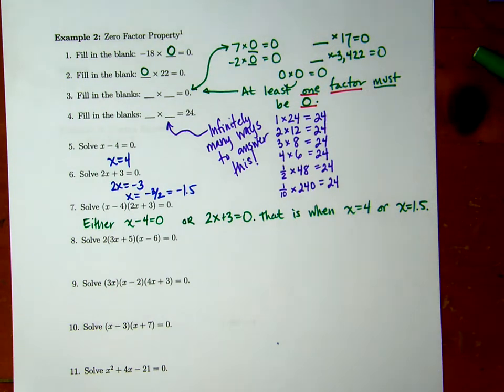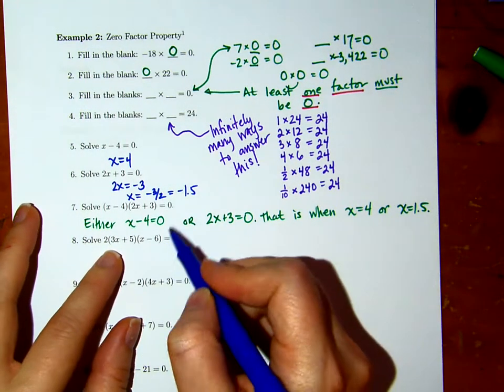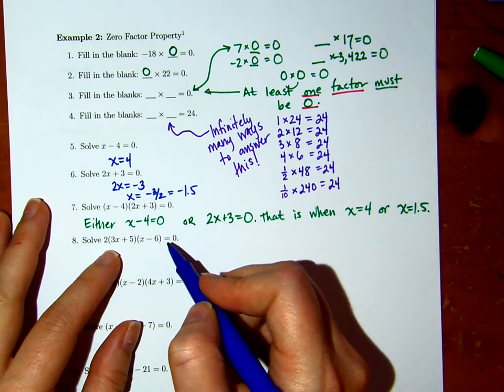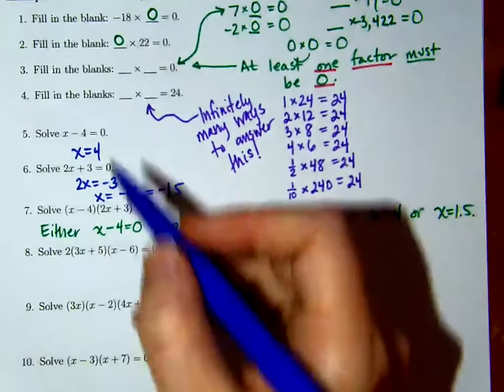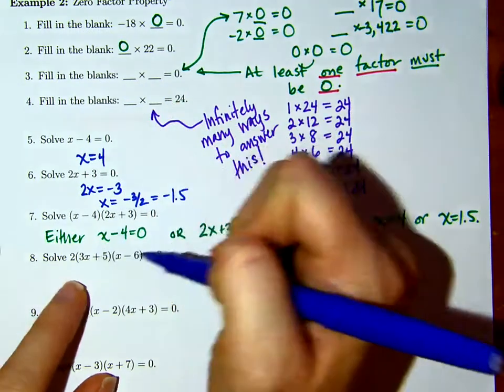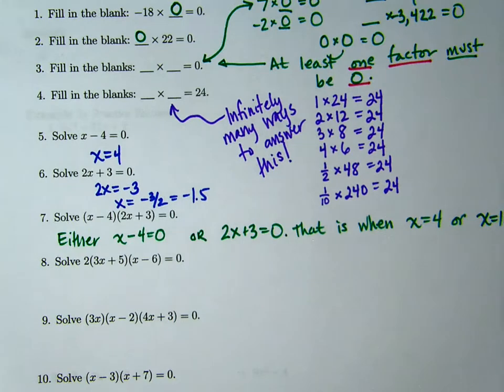In number 8, we actually have 3 things being multiplied to being 0. Well, if 3 things are being multiplied to get 0, then one of them has to be 0. Let's write that out.